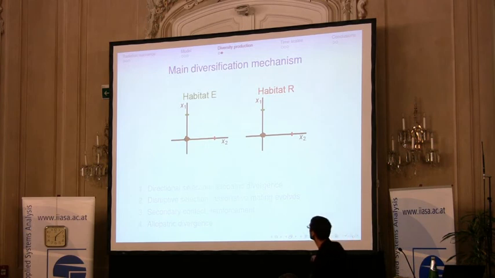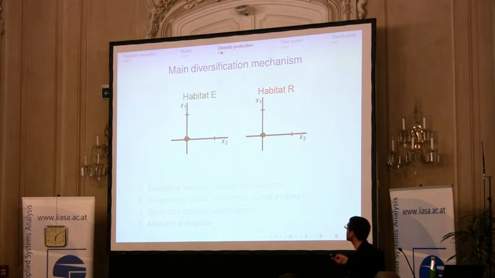These 2 graphs show each individual by a dot here in 2 allopatric sites isolated from the 4 other allopatric sites of the metapopulation. And we have 2 different habitats in these 2 allopatric sites, with a habitat E here, with an ecological optimum here, and the ecological optimum of the habitat R is here.